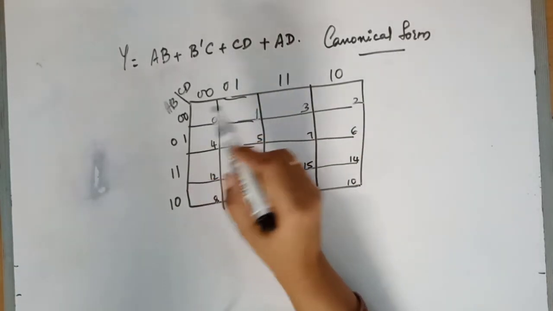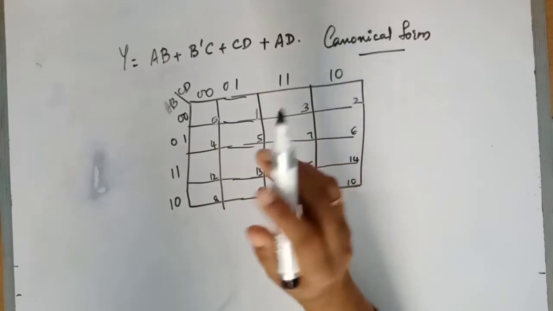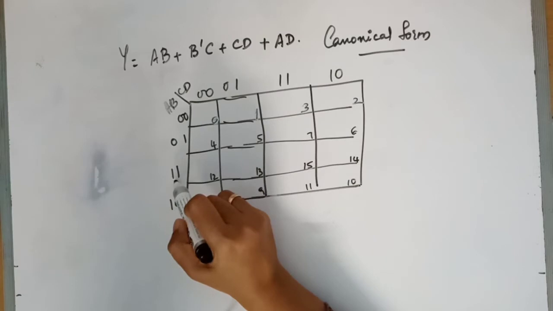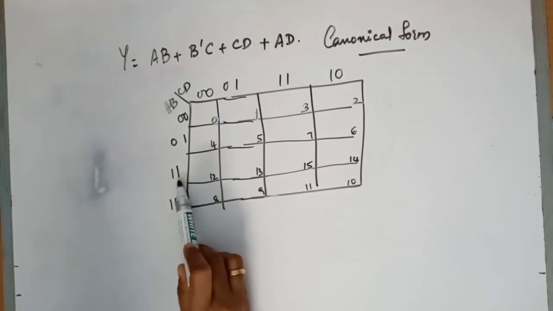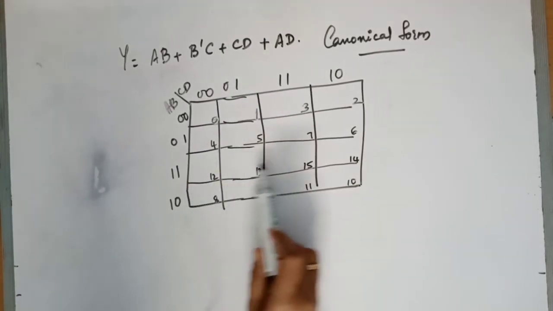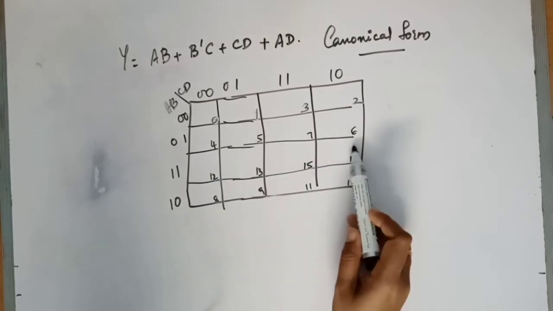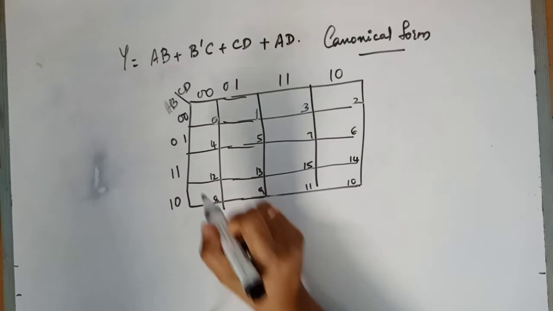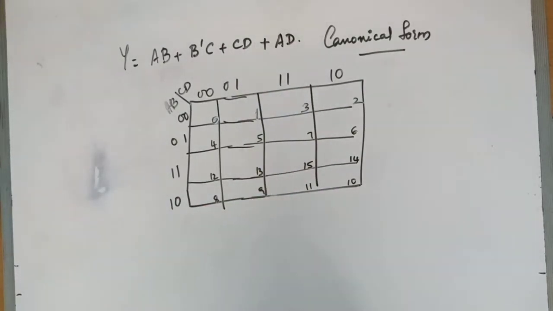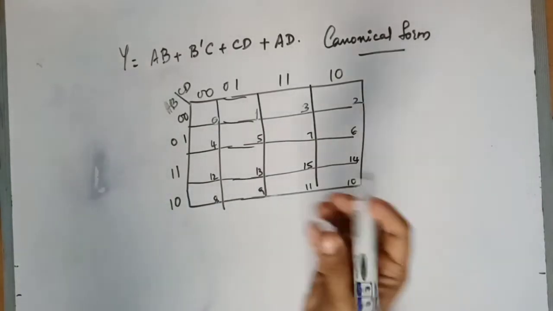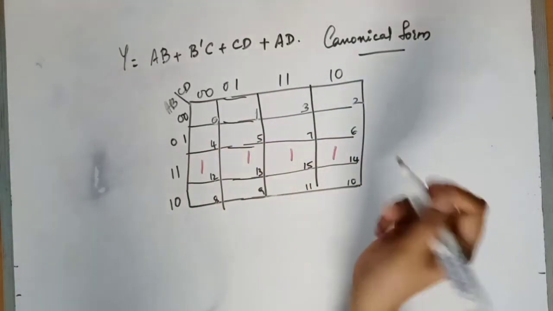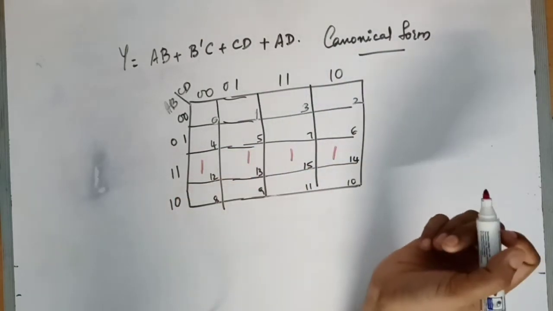AB means here 1, 1. If there are ones in all these four cells, they will be grouped together to get AB.